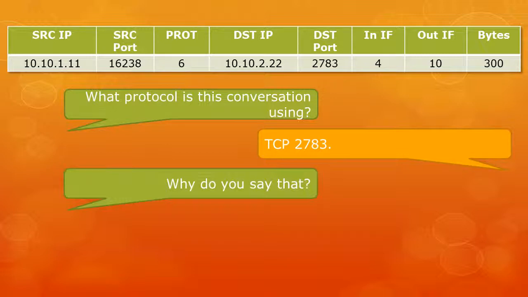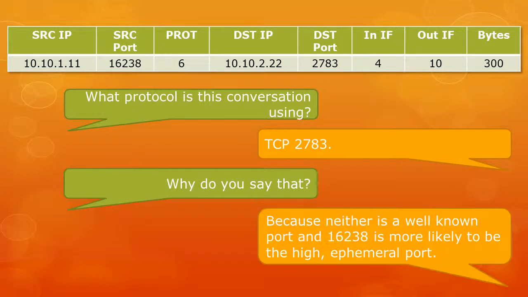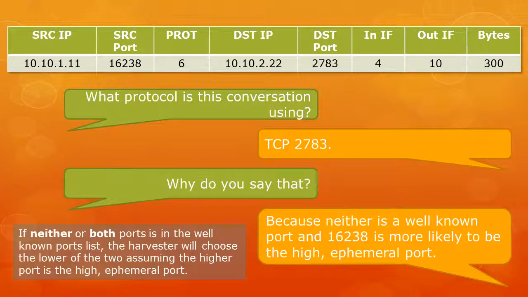So given the two port numbers, neither of which being well known, the best guess is that the higher of the two is the high ephemeral port number, and the lower of the two is the protocol port number. The harvester follows the same logic. If neither port is well known, the lower port is assumed to be the protocol port number.